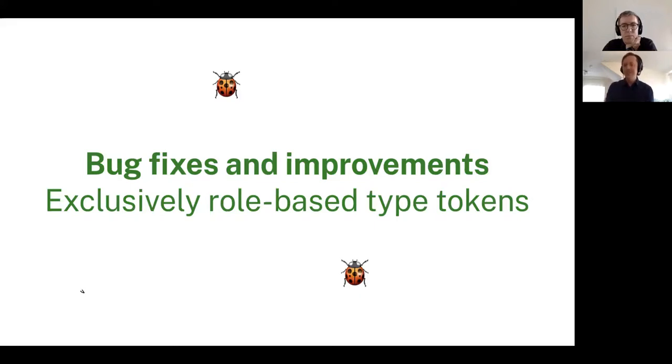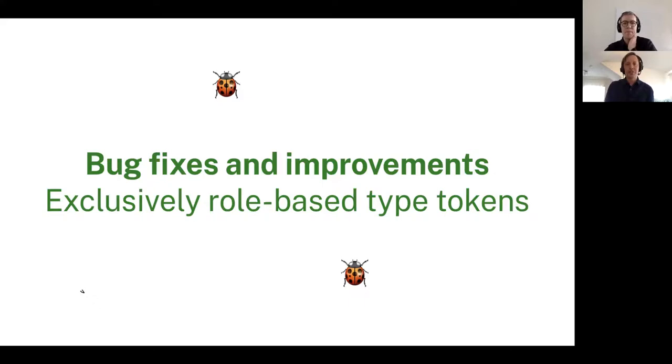We're now making sure we use exclusively role-based type tokens in our code. This means that in your USWDS project settings, you can assign what kind of typeface you want to use for certain roles. Like, say, for body text, you want to use a serif face, or for heading text, you want to use a sans serif face.